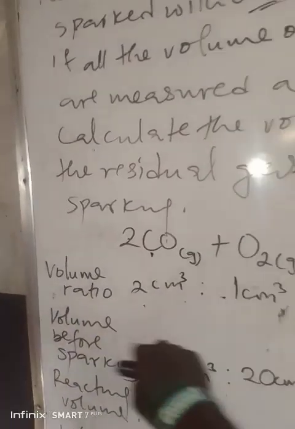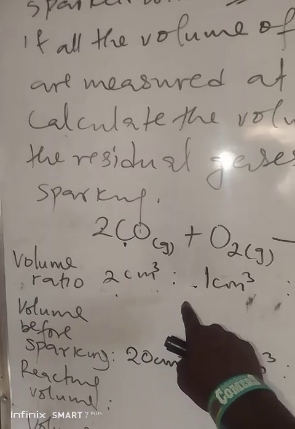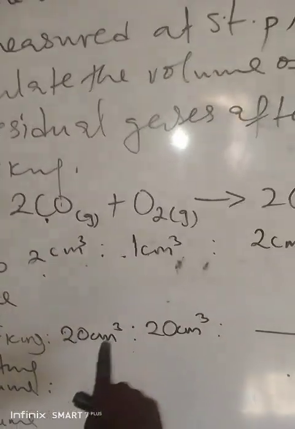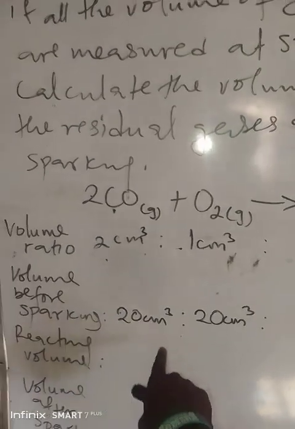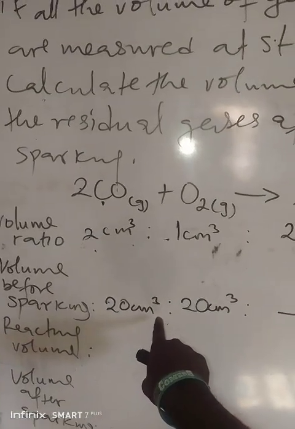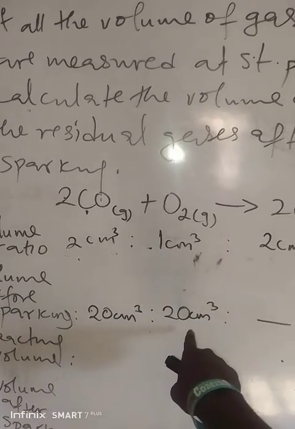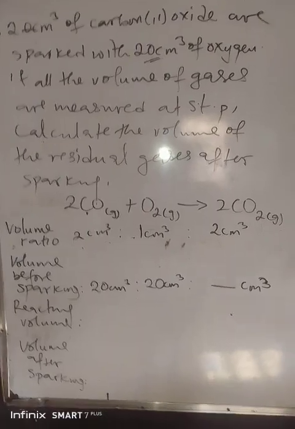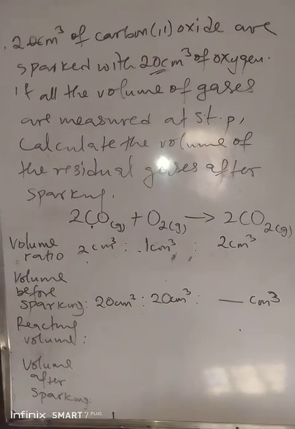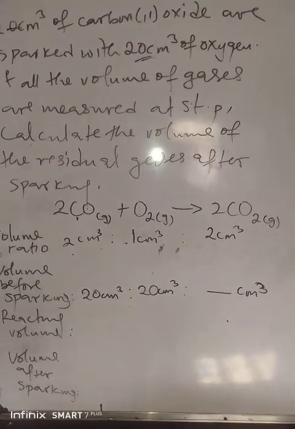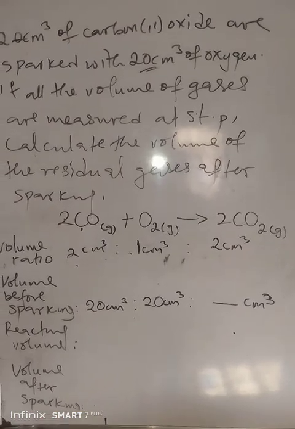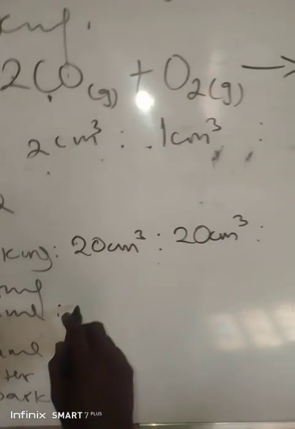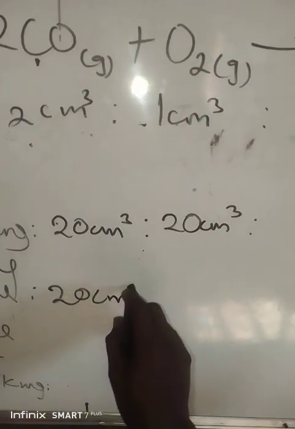Anytime the money is combined between the two of you, it must be in simple ratio, which is 2:1. But mistakenly, a visitor came to your house, gave your brother 20 cm³ of money and gave you 20 cm³ of money. Who has the right to spend his own among the two of you? You will spend your own, but your brother cannot spend the 20. Your brother will only spend half.